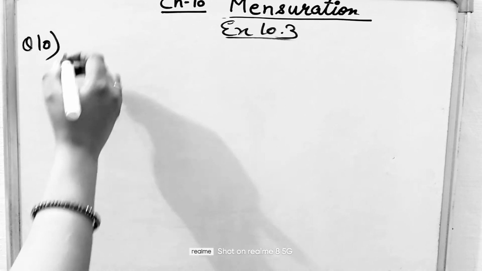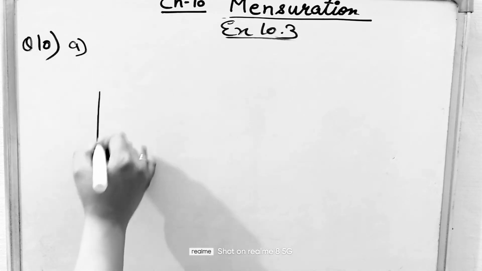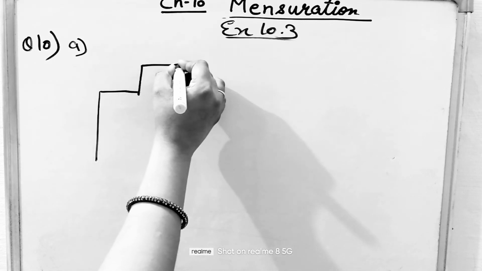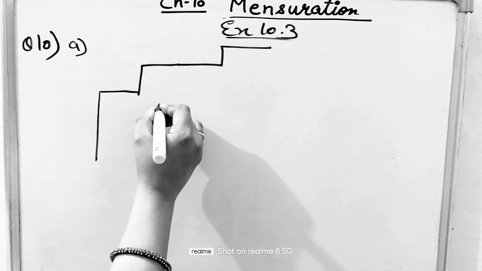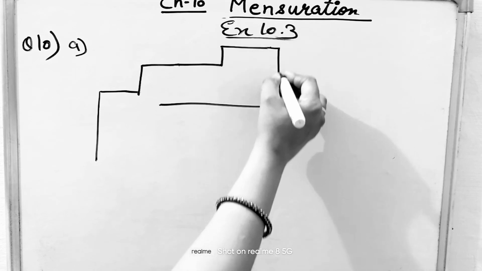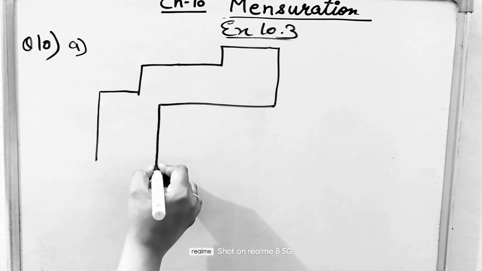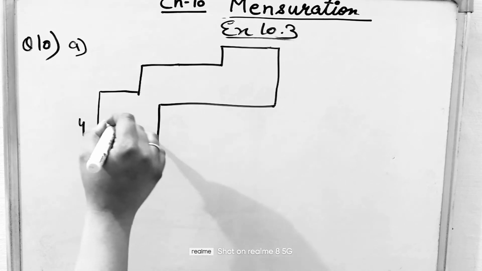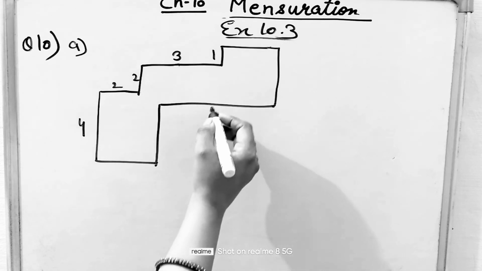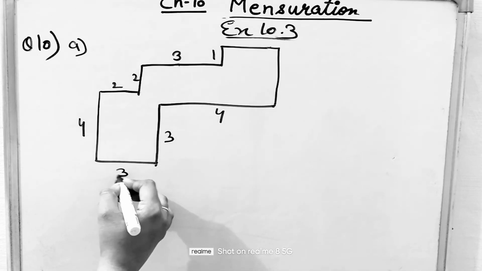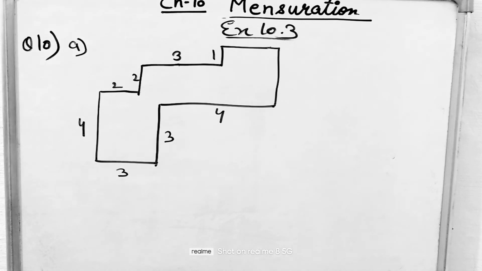So the first figure is this. Side lengths are also given. And you have to split it into rectangles. So in order to split this figure into rectangles, what can you do?